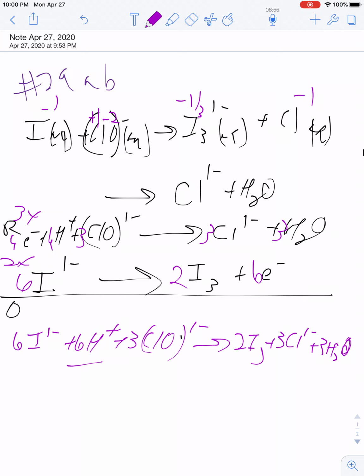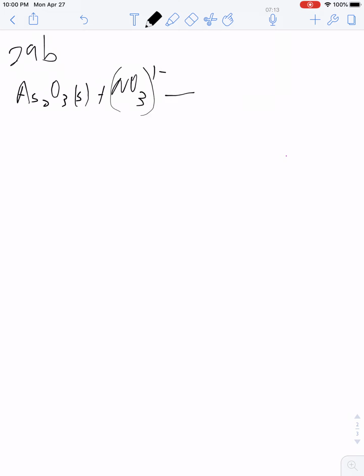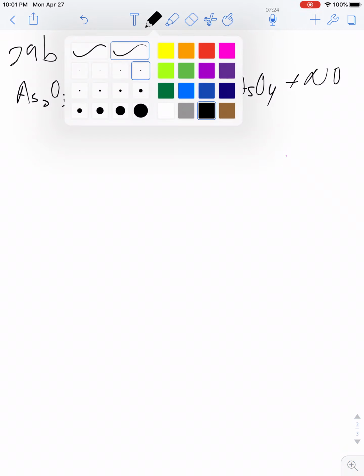Okay? Let's do the next one. Oxygen has an oxidation of -2. It has to add up to the -1 on the outside, so that means my nitrogen must be a +5.